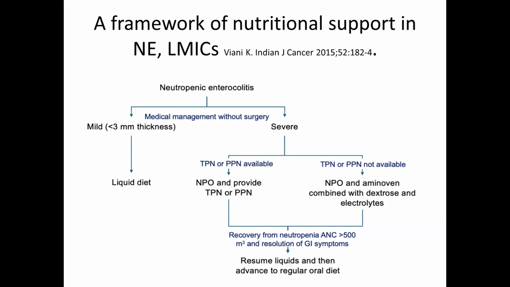So the recommendation given here is to keep them NPO and give essential amino acids, and this can be combined with dextrose and electrolytes. And that means you have to check the electrolytes quite frequently, and also check the sugar levels in such patients. And how effective this is, really no one knows, because no studies have been done.